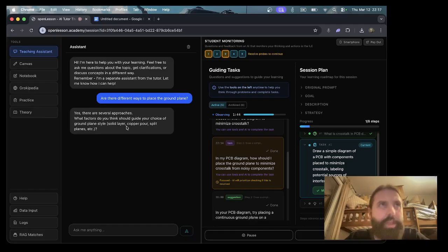It's much faster than OpenRouter before. And yes, there are several approaches. What factors should guide your choice of ground plane style? By style, solid copper, split planes. But how should I place the ground?